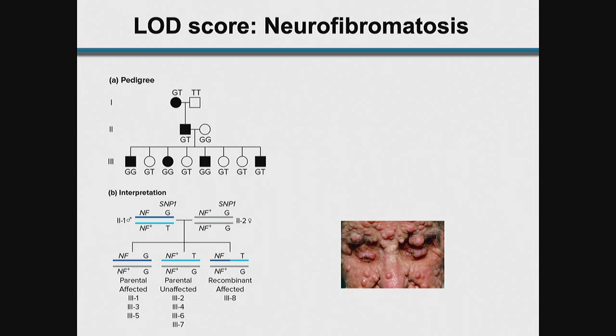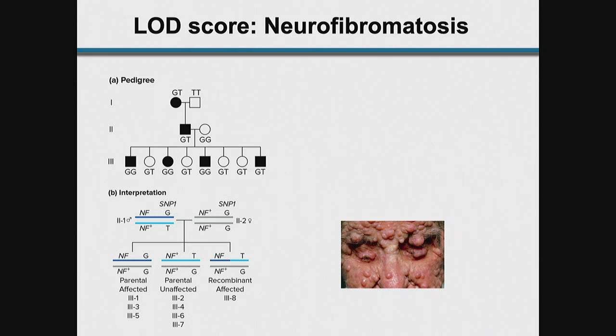So that's this individual here who's affected, it's autosomal dominant, right? He inherited the disease-causing allele from the mother along with this SNP. He also inherited a wild-type allele at the NF locus plus a T from the father, okay?